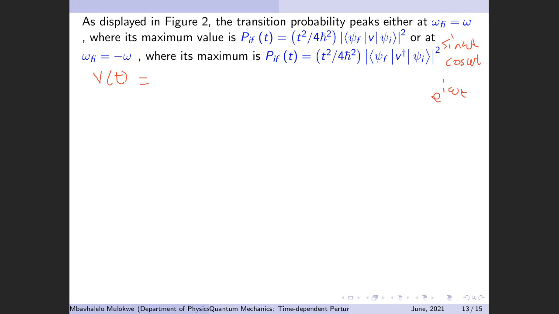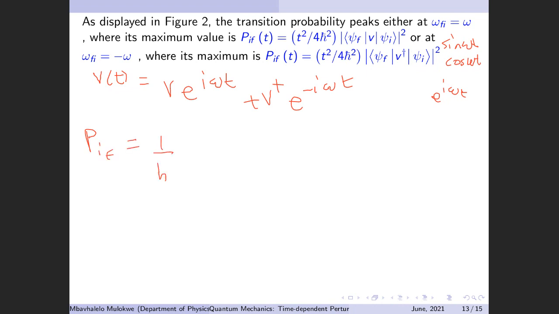So I'm saying that now we are considering time-dependent potentials of the form V e^(i omega t) plus V dagger e^(-i omega t). Then we plug this into the expression for P_if.